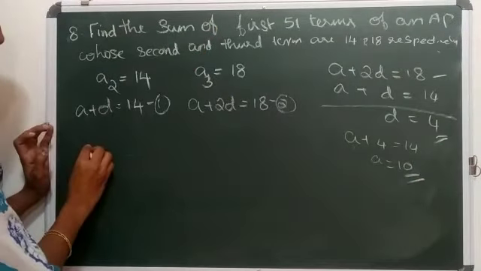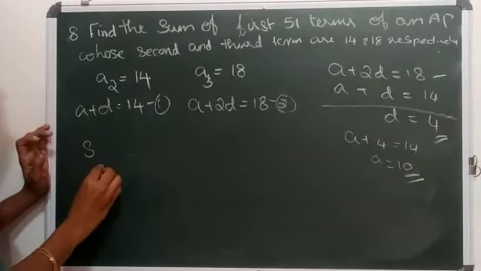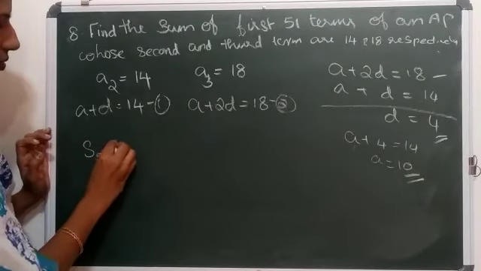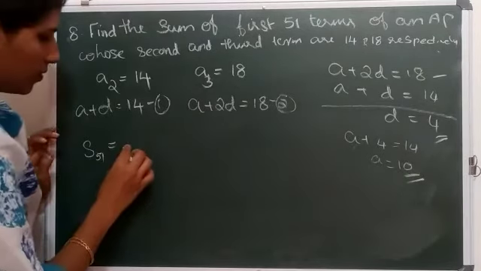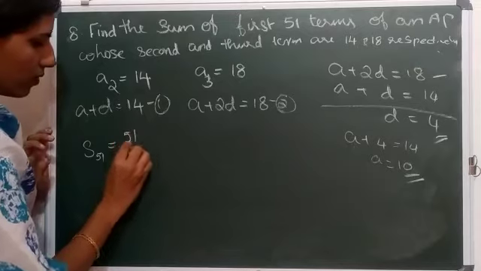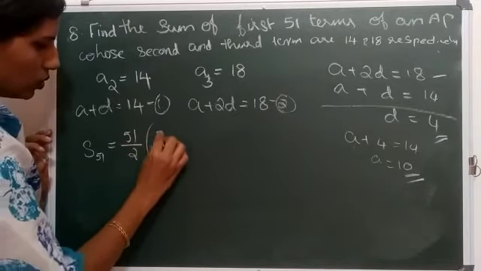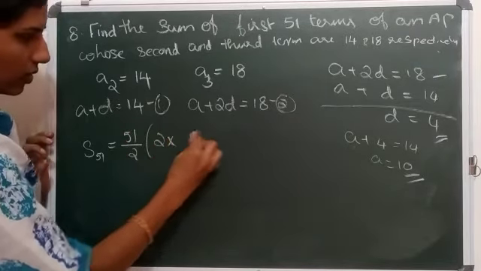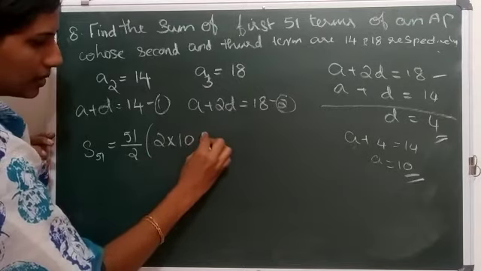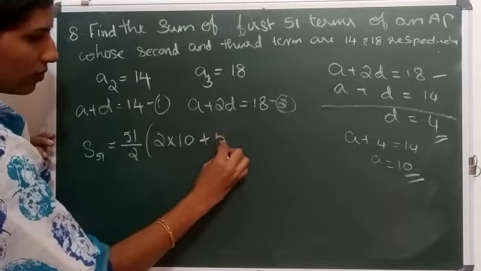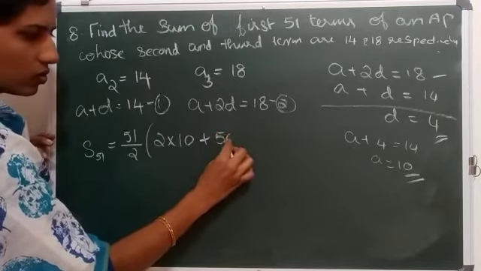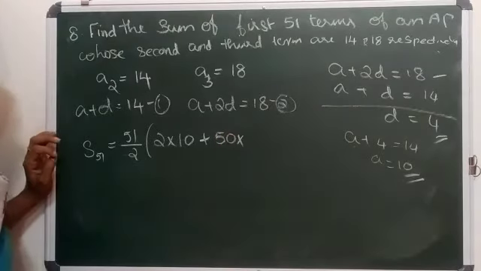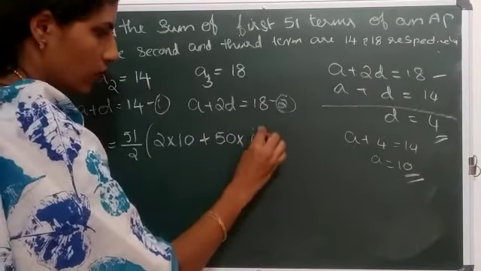Now we will find S51. We need to find the sum. S51 is equal to 51 by 2 into (2a, instead of a 10, plus (n minus 1), 51 minus 1 is 50, into d which is 4).